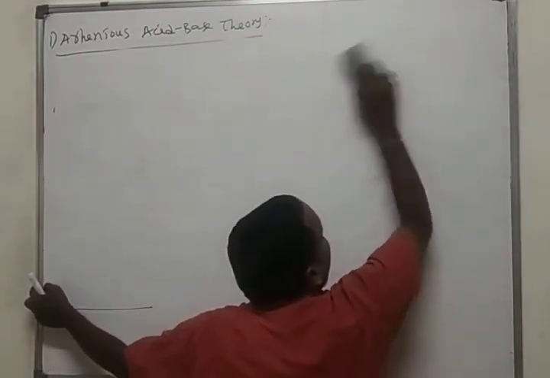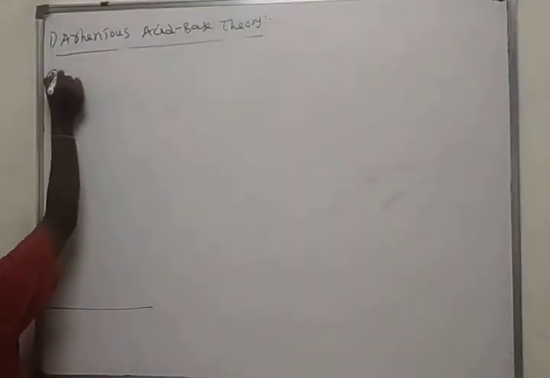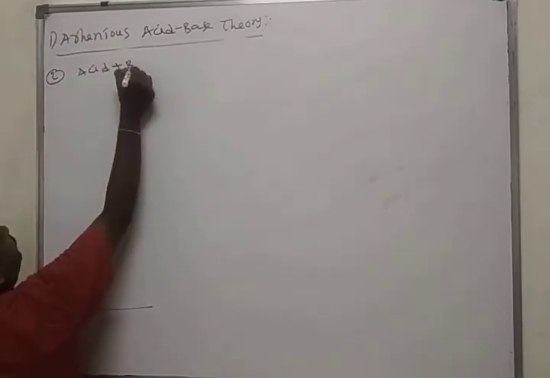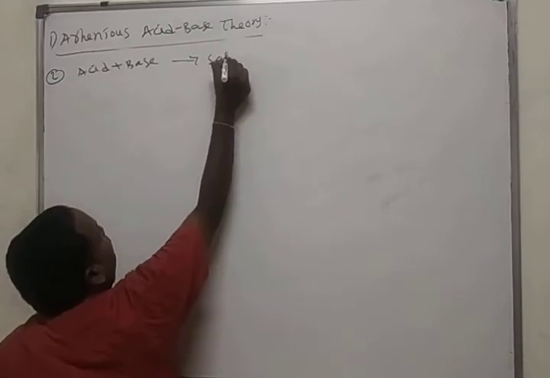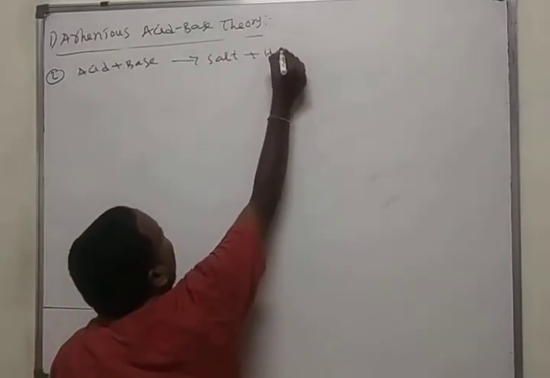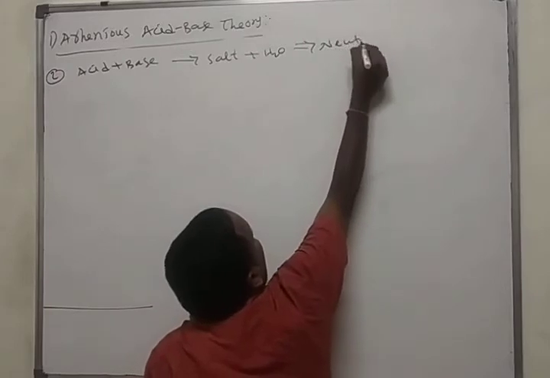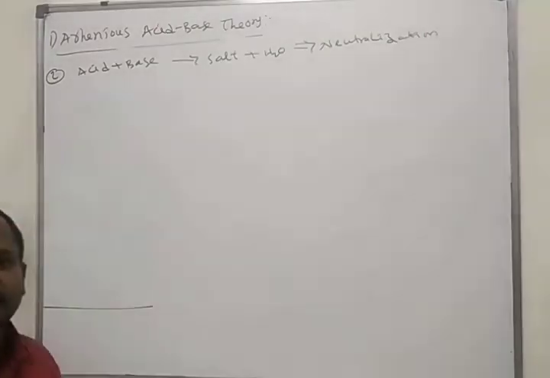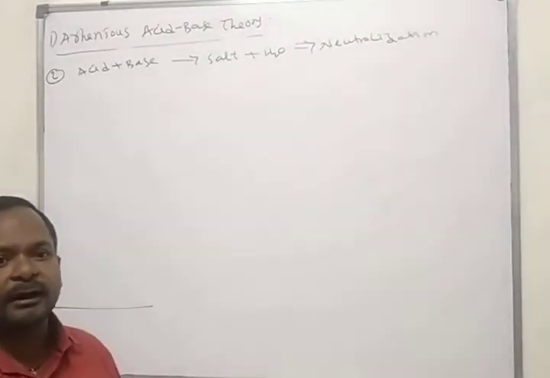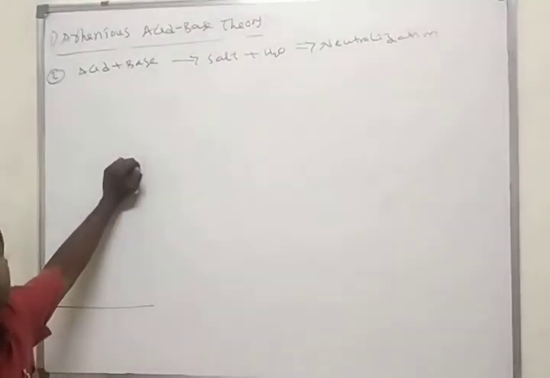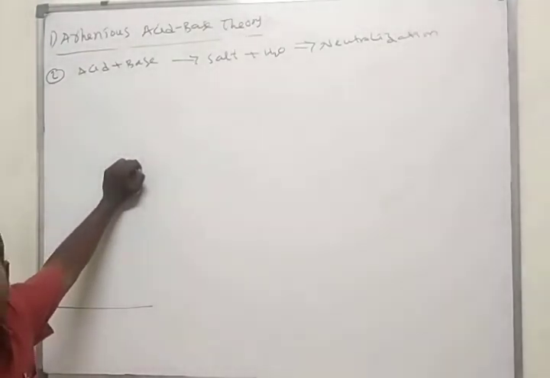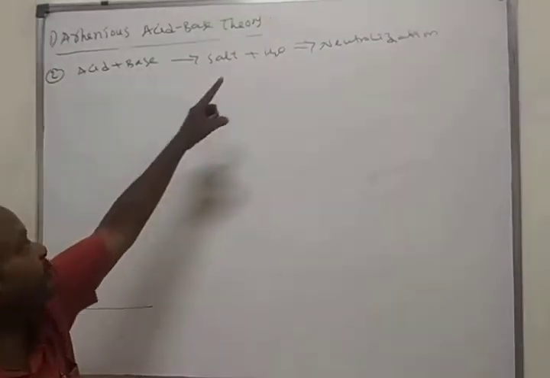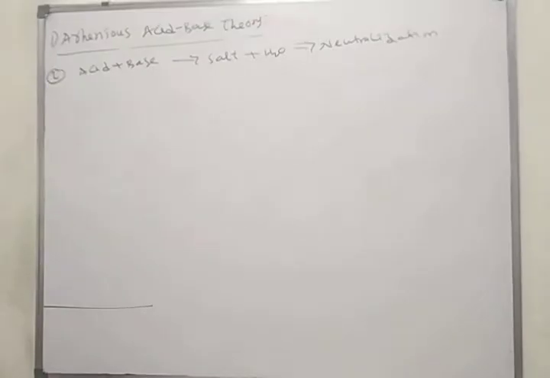We call this a neutralization reaction. Arrhenius theory mainly explains neutralization. When an acid reacts with a base, it forms salt and water, and that reaction is called an acid-base reaction or neutralization reaction.